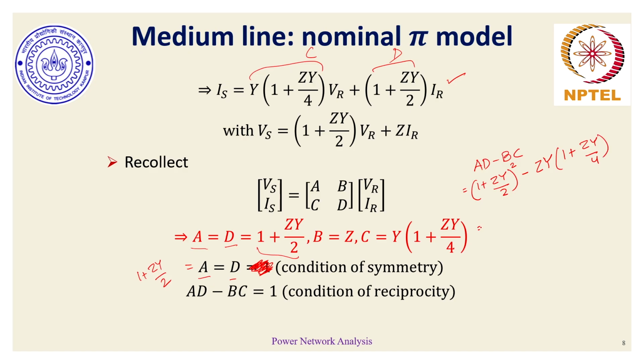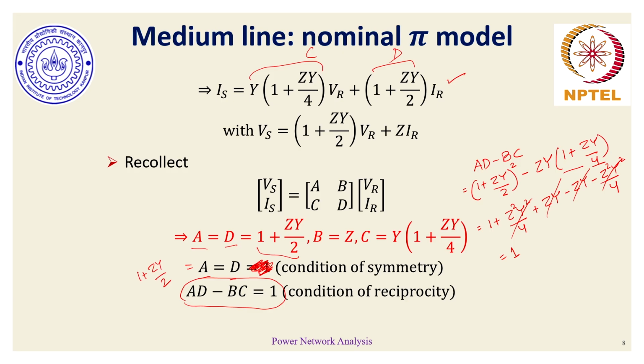If we expand the first term, we have 1 plus Z square Y square by 4 plus ZY. Then we have minus ZY, opening up the bracket inside the term, again minus Z square Y square by 4. So our terms get cancelled and essentially we are only left with 1, which is the condition for reciprocity.